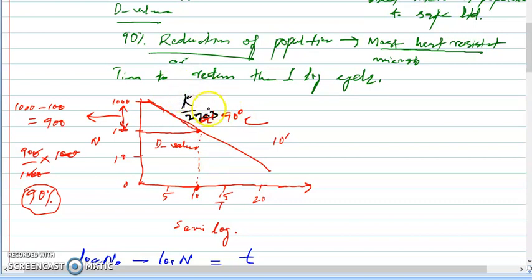Another definition of D value is that it is the inverse of the slope. If k divided by 2.303 is the slope of this curve, the D value is the inverse of that, that is 2.303 divided by k. Hope you understood this. Thank you for watching.